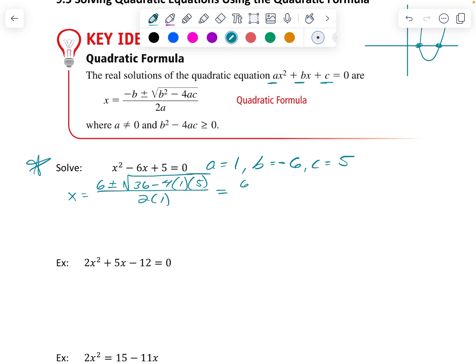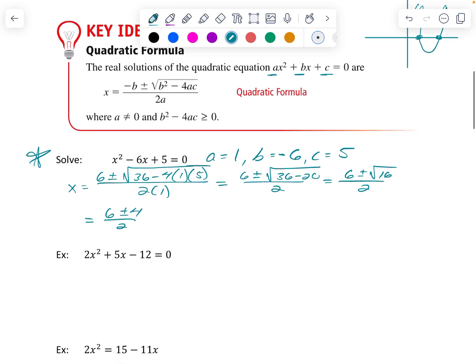So simplifying, we get 6 plus or minus the square root of 36 minus 20, all divided by 2, which is 6 plus or minus the square root of 16 divided by 2, which is 6 plus or minus 4 divided by 2. And so now we have to find our two answers.